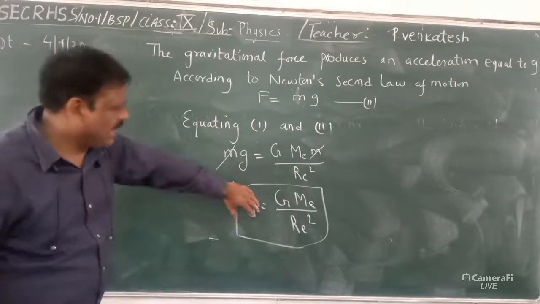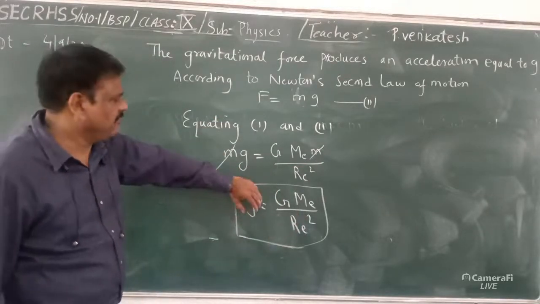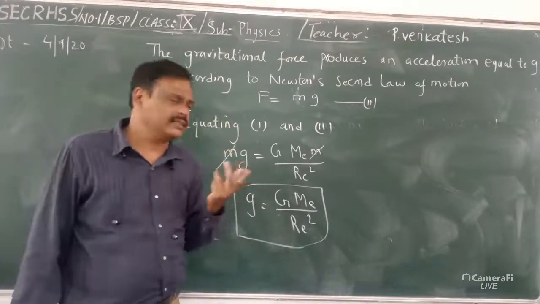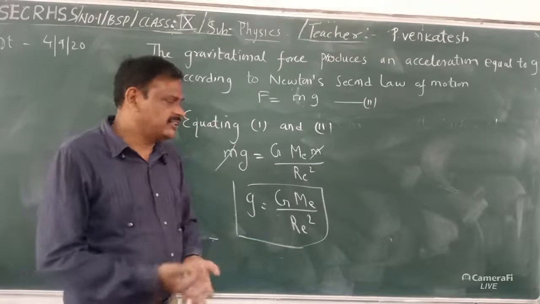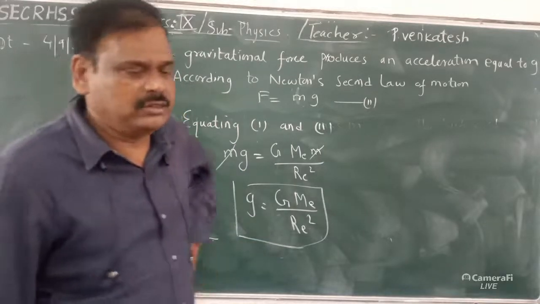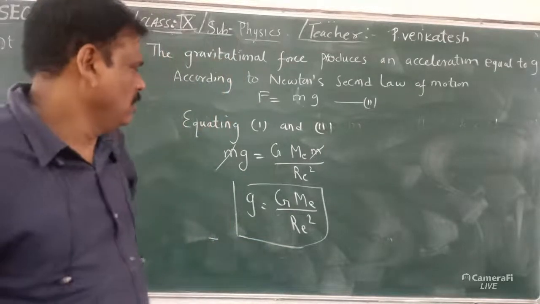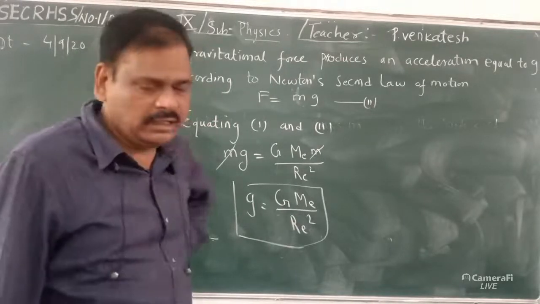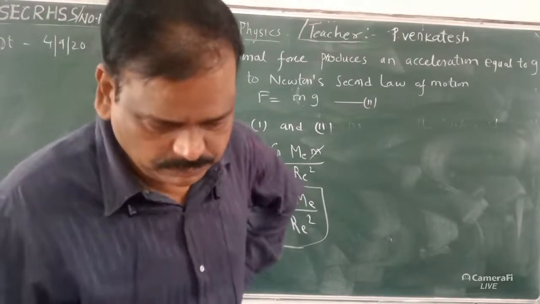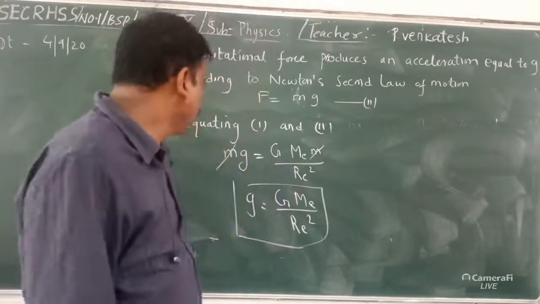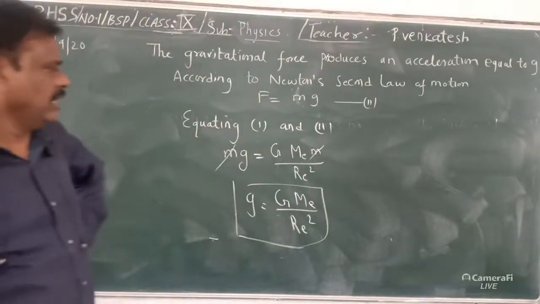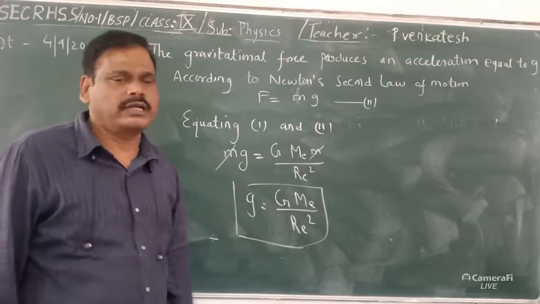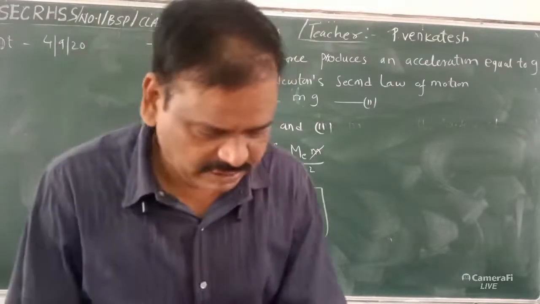That means the acceleration due to gravity is independent of m, the mass is not there. And its value, you know, how much is the value? The value of gravity is 9.8 meter per second square. If you go on putting the values of the gravitational constant, mass of the earth and R, you will get 9.8 meter per second square.